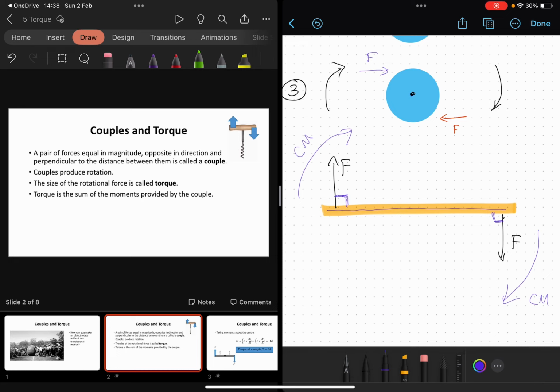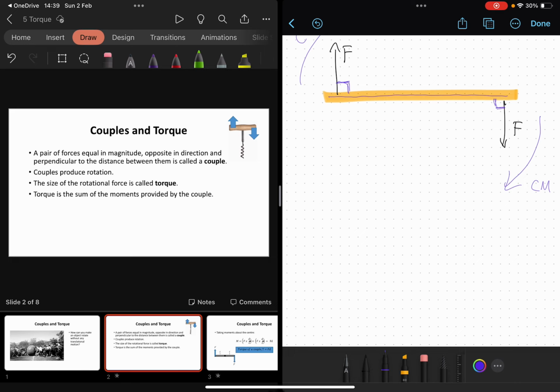Similarly, if we only had anti-clockwise moments, that would lead only to anti-clockwise motion. So if torque is the sum of these moments, let's calculate what that is. Let's work out what the sum of the moments is. A moment is force times the perpendicular distance between the pivot and the line of action of the forces. So I'm going to call that d by 2.